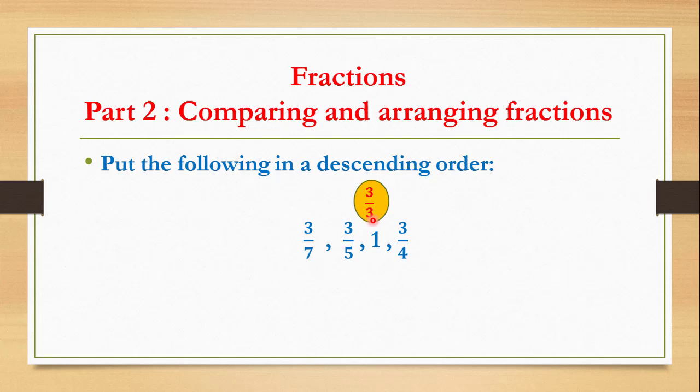This is the smallest number down. Then 3 over 4, 3 over 5, and finally 3 over 7. Okay? So 1 is the greatest here is 1. Then 3 over 4, 3 over 5, and finally 3 over 7.